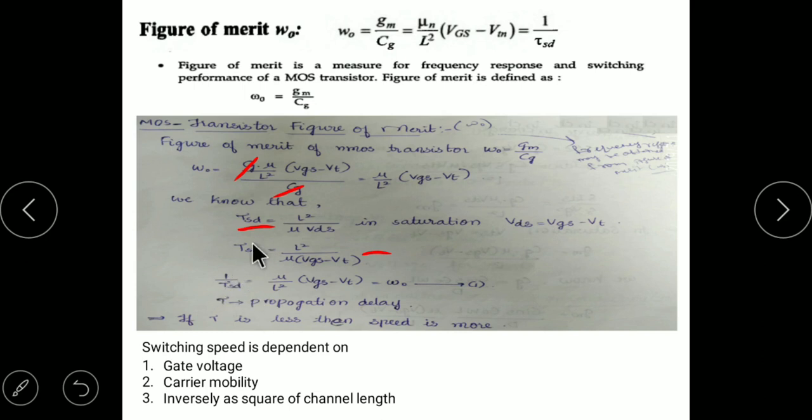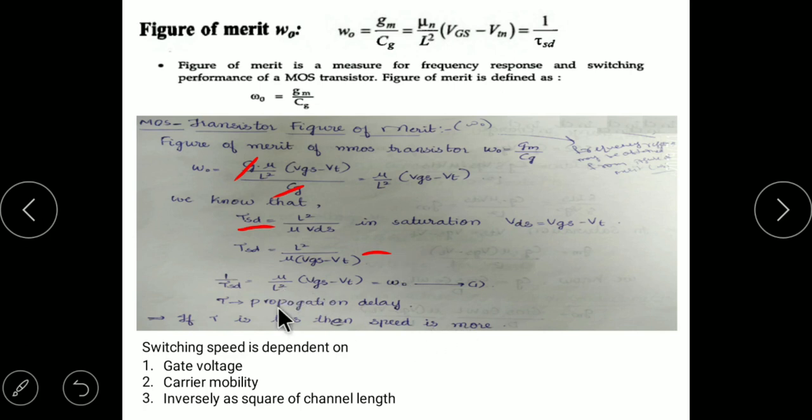So 1 by tau, that is 1 by transit time, is equal to mu into (Vgs minus Vt) divided by L square, which is similar to this expression, omega naught. So that is nothing but omega naught. From this, if tau, the transit time, is less, then speed is more.